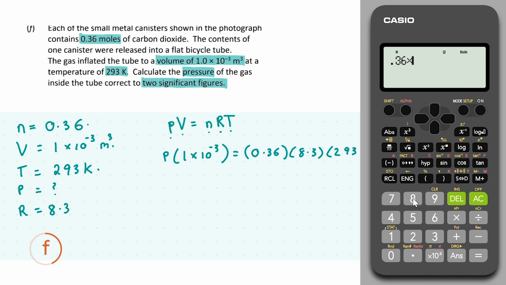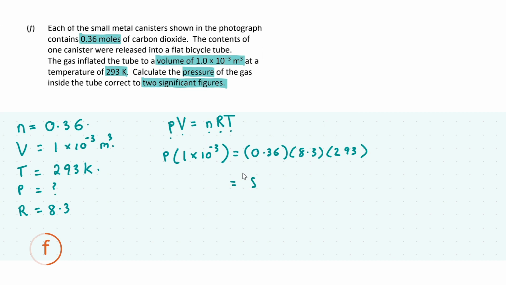So we have 0.36 multiplied by 8.3 multiplied by 293. And that is 875.484. Okay, so P times 1 multiplied by 10 to the minus 3 is equal to 875.484.